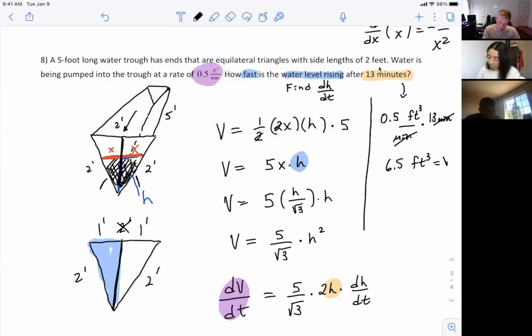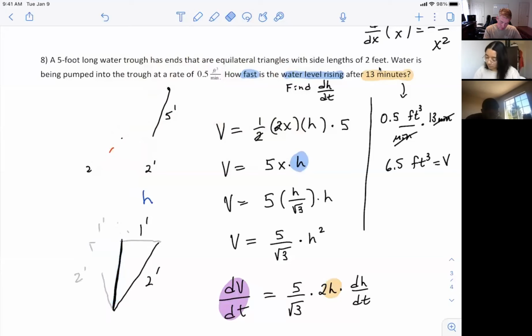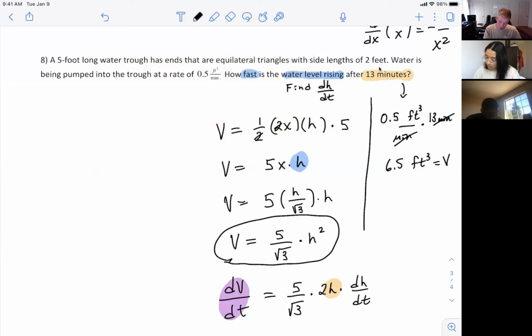So that's equal to the volume. So now I could use this one before I took the derivative, and then I could plug in the 6.5 for the volume.